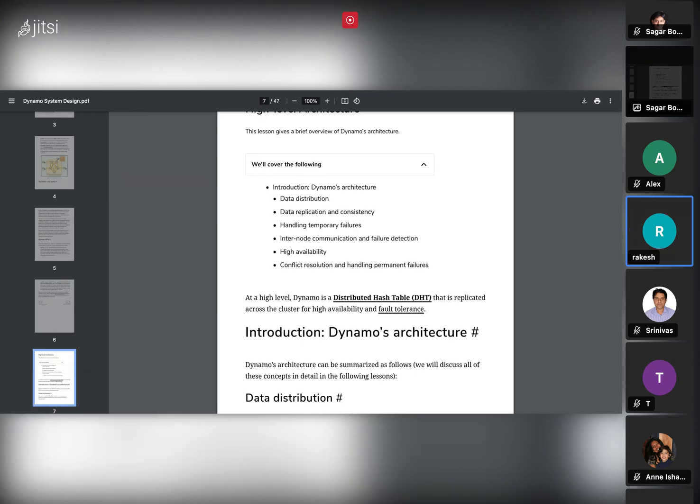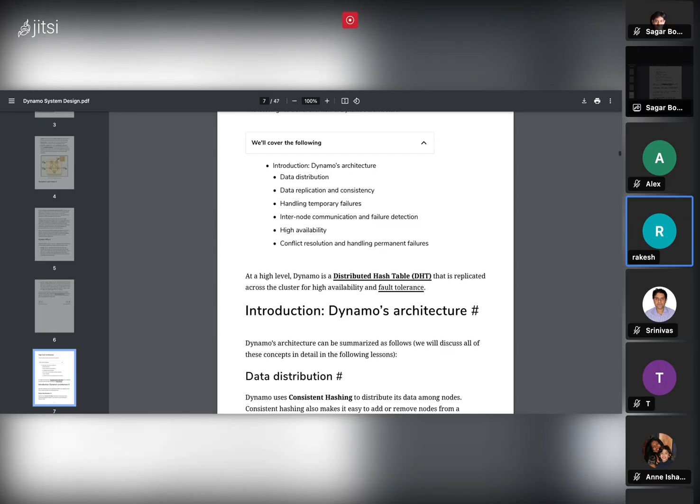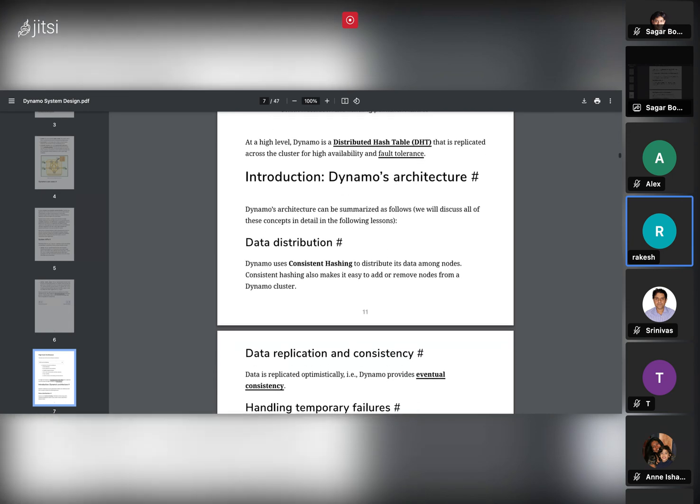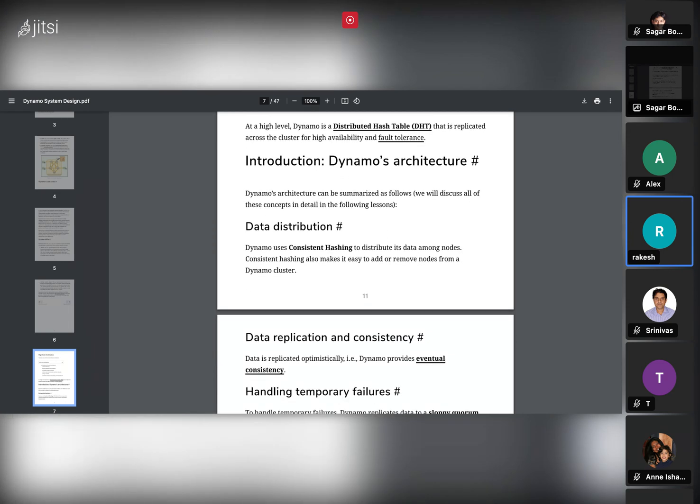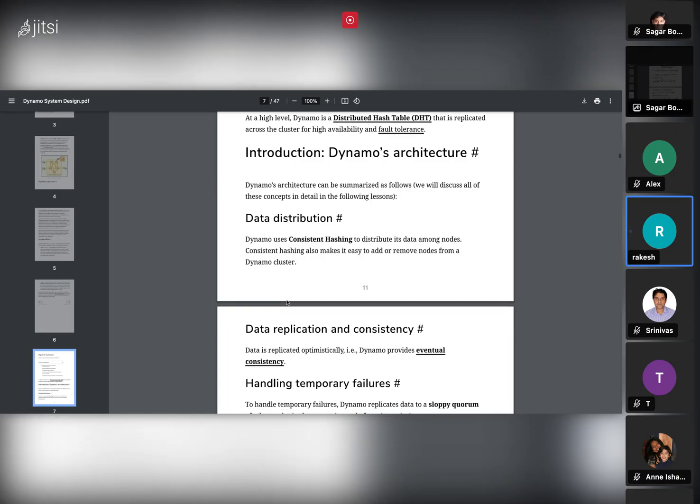So, the introduction to Dynamo's architecture. Dynamo architecture can be summarized as follows: data distribution. Dynamo uses consistent hashing to distribute its data among nodes.